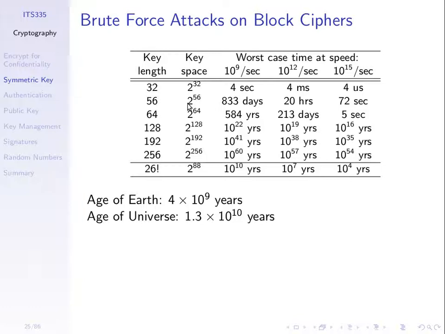And then the next column is the key space. With a 56-bit key, we know quite simply there are 2 to the power of 56 possible keys. An attacker must, in the worst case, try all 2 to the power of 56 possible keys. How many is that? Let's get our calculator out.